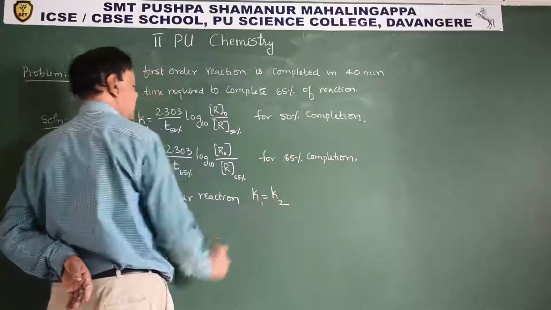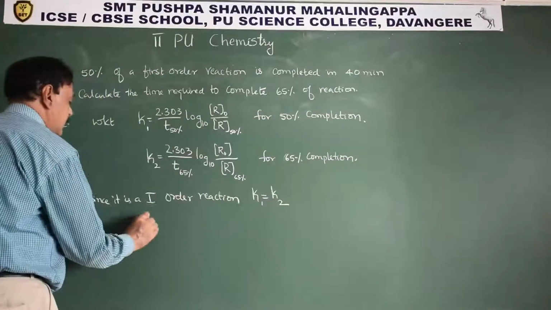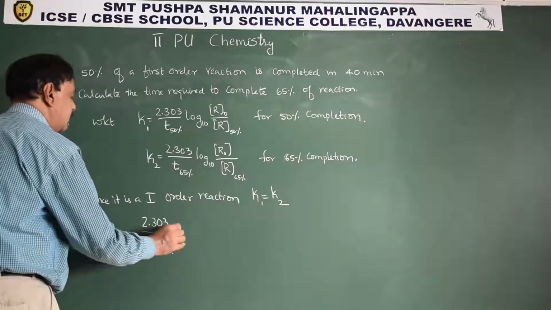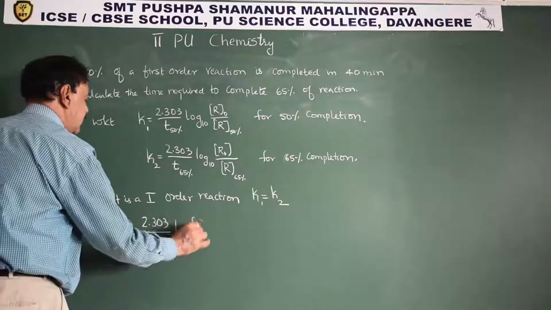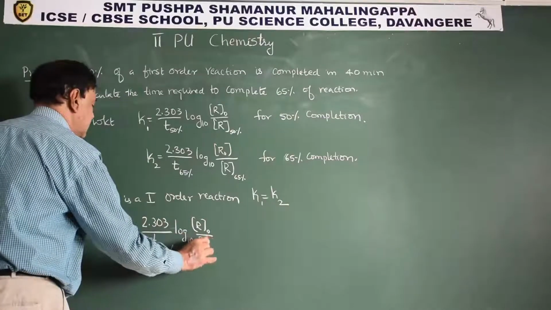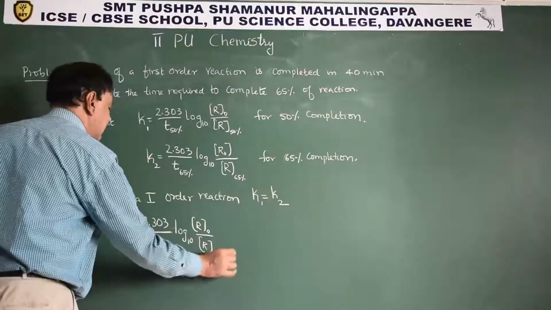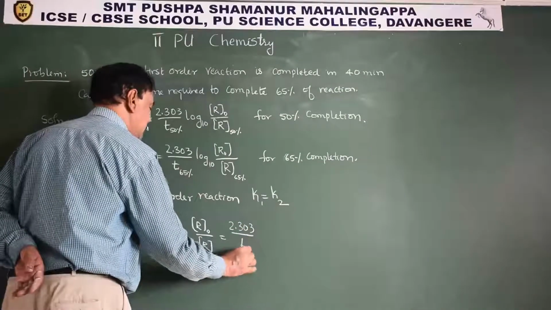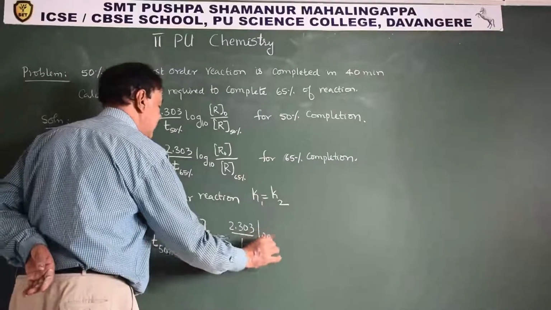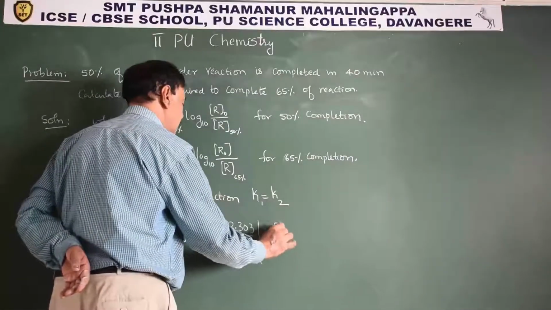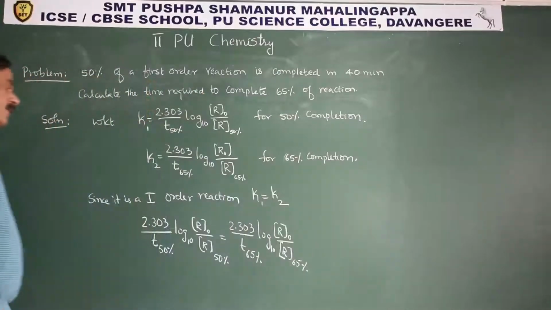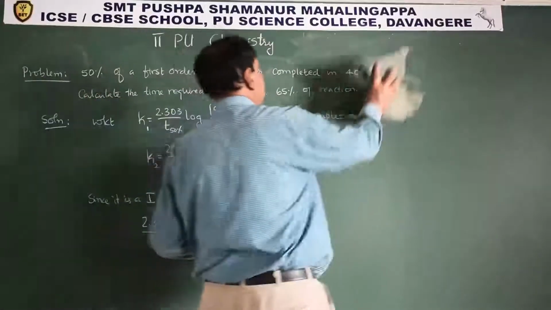Therefore, 2.303 divided by T50% into log base 10 of R naught divided by R50% is equal to 2.303 divided by T65% into log base 10 of R naught divided by R65%. Now simplify.